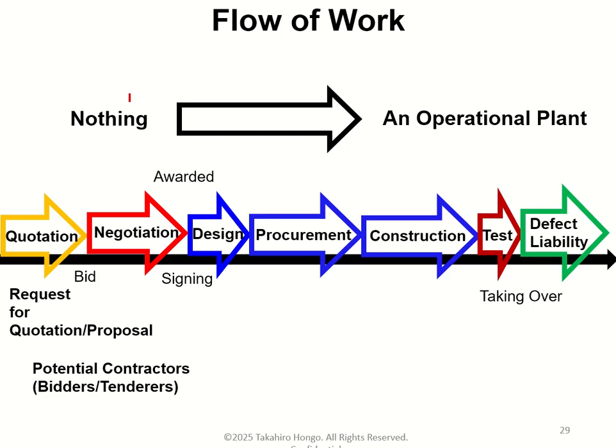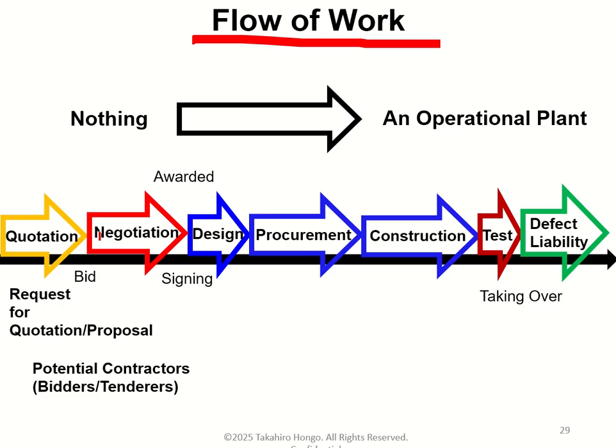Let's take a look at the flow of work. First of all, the owner submits a request for quotation or a request for proposal to potential contractors. Potential contractors are often called bidders or tenderers. After that, the bidders prepare bid documents and submit them to the owner.